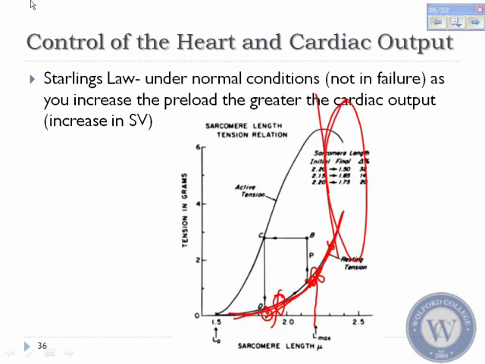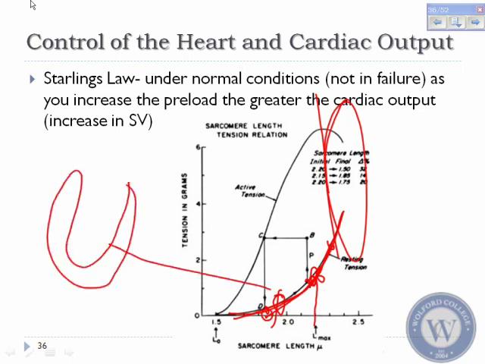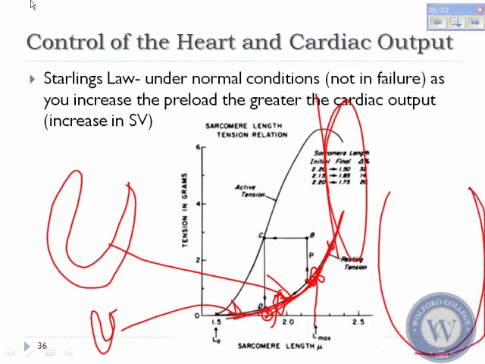And that's the same thing that happens with your ventricle. Instead of measuring it in actual sarcomere length, we measure it in volume. Just think of the ventricle being at this point here, which is going to give you great contraction. If you're down where the ventricle is completely empty, you're here, or the ventricle is very grossly distended, then you're here on this portion of the curve.